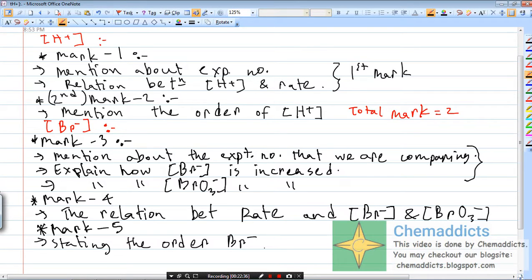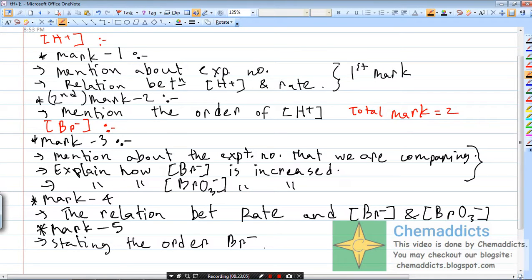Okay, so for the fourth mark, mark 4, we should explain the relationship between rate, bromate 5 and bromide. For the fifth mark we should state the order of bromide.